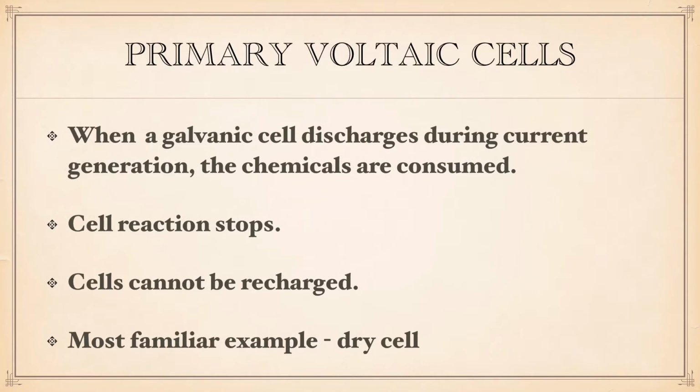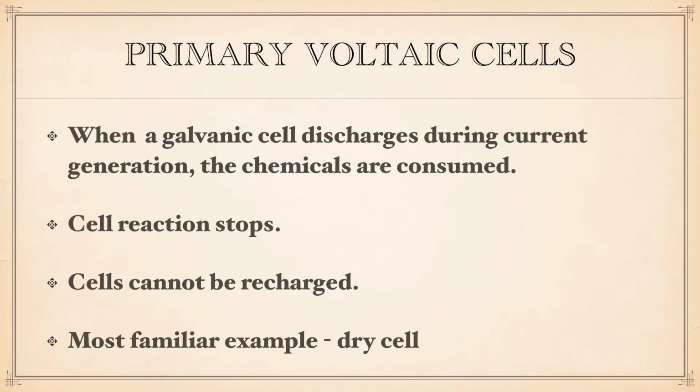When a galvanic cell discharges during current generation, the chemicals are consumed. Once the chemicals are completely consumed, what will happen? The cell reaction stops. If I want to recharge something, the cell reaction should be reversible.